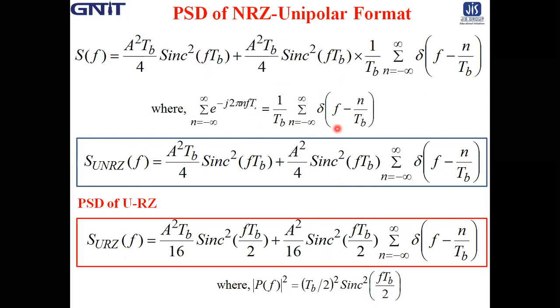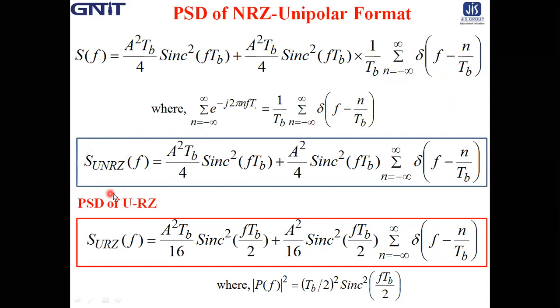So it is a delta function. That is why here it is written as 1/TB summation of delta of (f - n/TB).